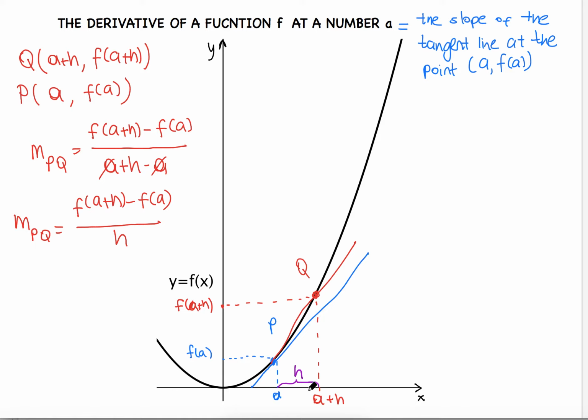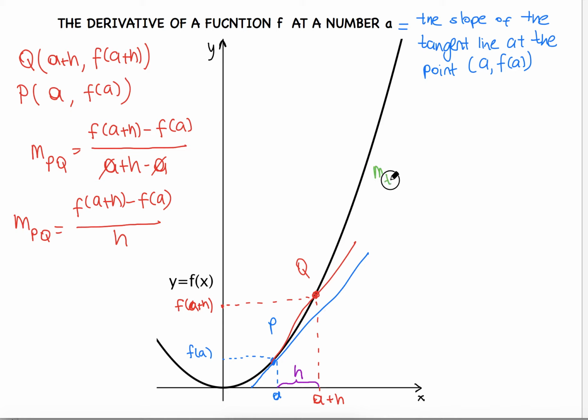And remember, we want this Q to be very close to P, meaning very close to a. So this h is going to be almost nothing. That is, h will become 0. So here's our formula for the tangent line.